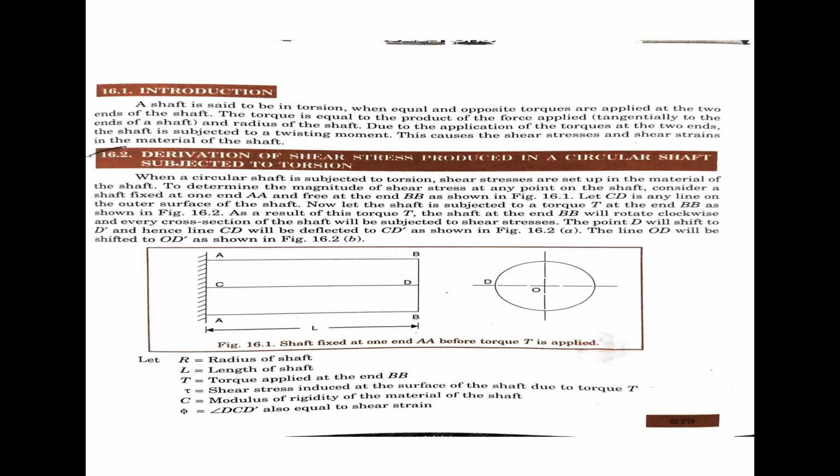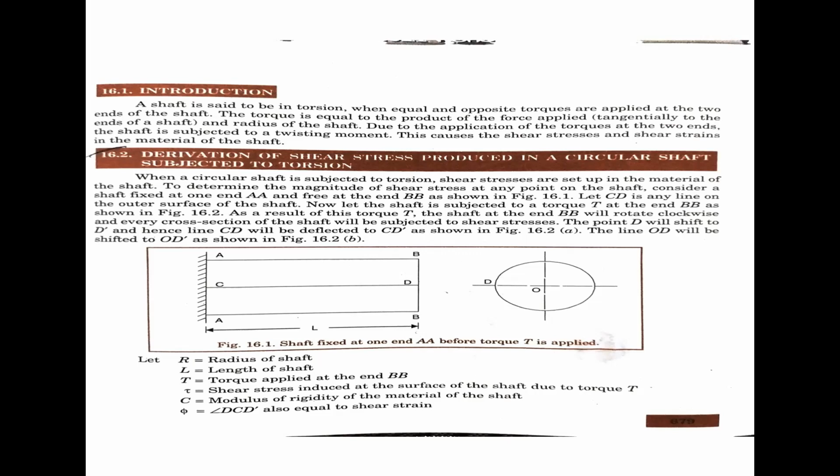CD is any line on the outer surface of the shaft. Now let the shaft be subjected to torque capital T at the end capital B, as shown in figure 16.2.